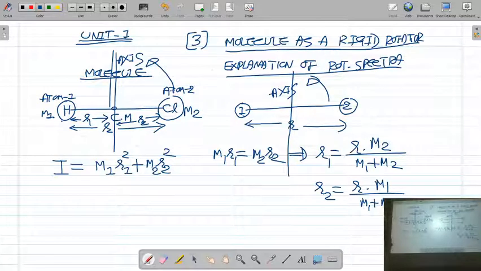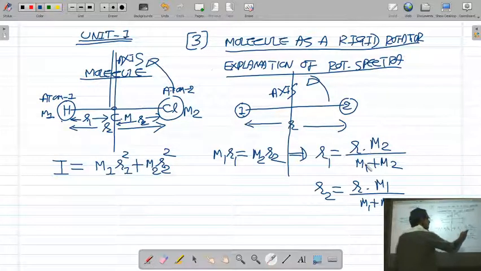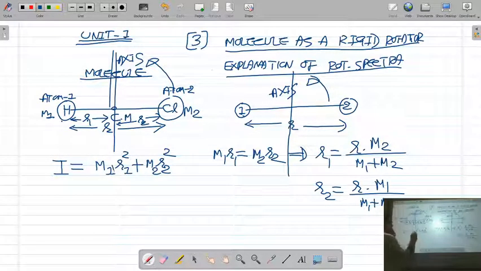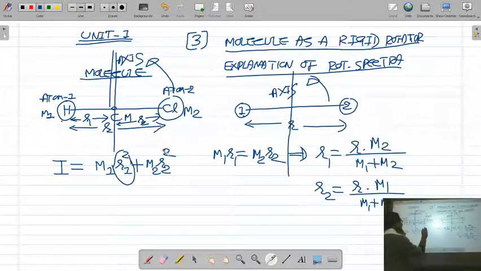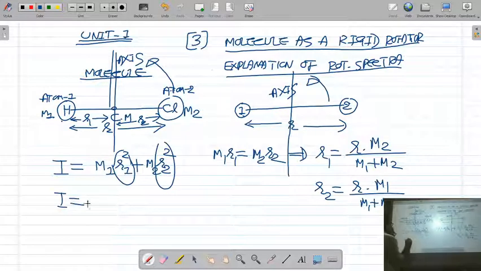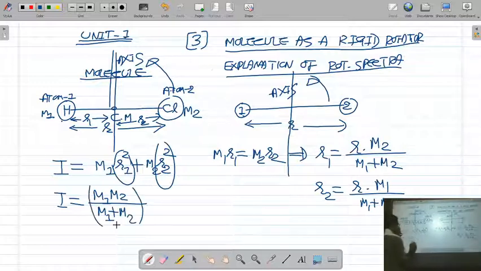If you substitute these values, r1 equal to r into m2 upon m1 plus m2 and r2 equal to r into m1 upon m1 plus m2, and solve the equation, you will get the moment of inertia of the molecule as m1 m2 upon m1 plus m2 into r square.